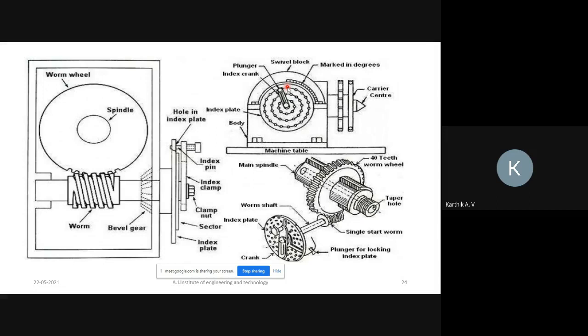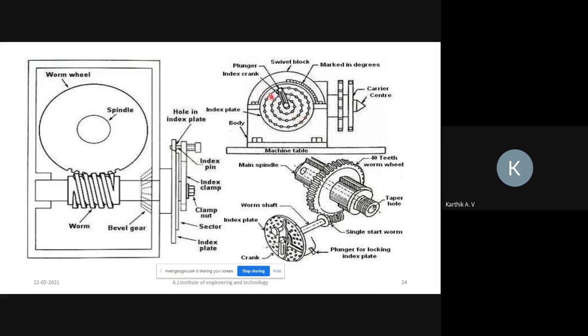So how to divide the workpiece? The total number of holes in the index plate is how much? 24. So you have to create two divisions in a workpiece. So 24 divided by 2. 24 divided by 2 is nothing but 12.